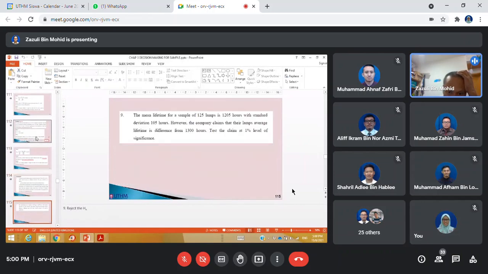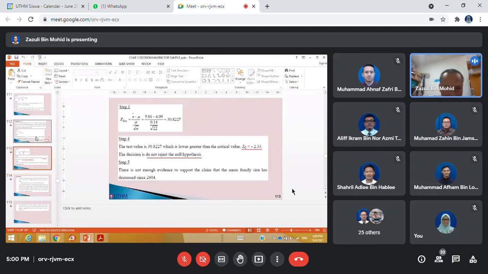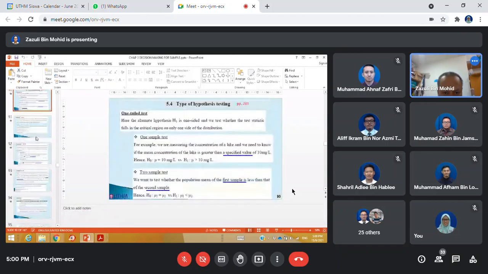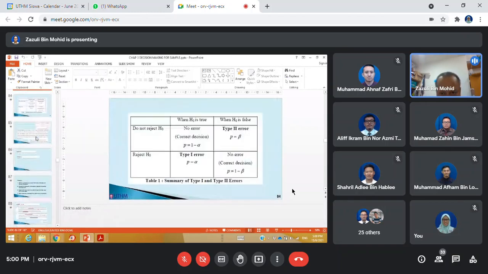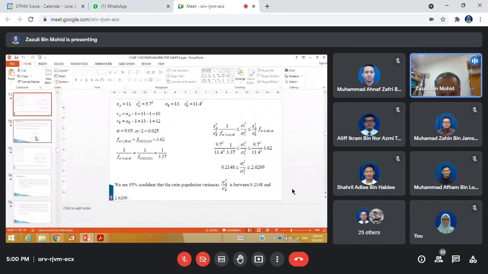You can look at your two means. This is a problem for two means.